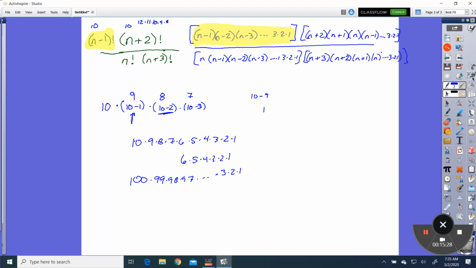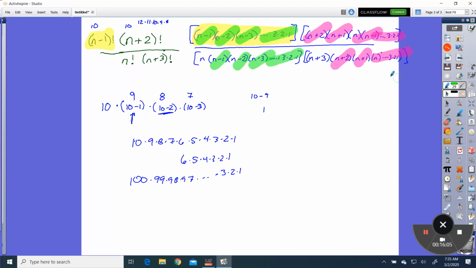So now that we've got the fraction stuff done, right? You can cancel. So n plus 2 goes away with n plus 2. n plus 1 goes away with n plus 1. So everything here below is going to go away with that stuff. And n minus 1 goes away with n minus 1. n minus 2 goes away with n minus 2. n minus 3 goes away with n minus 3.